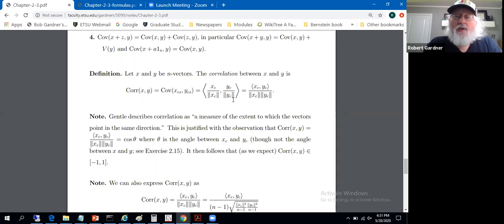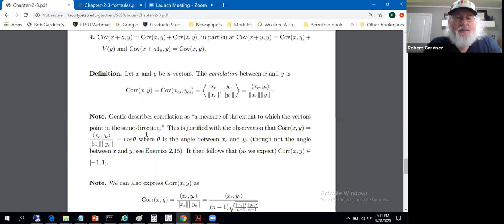So this correlation thing, it's cosine of some angle. Hey, cosines of angles, they're between -1 and 1. So indeed, as you expect, the correlation coefficient here is between -1 and 1, as correlation should be. Gentle describes correlation as a measure of the extent to which the vectors point in the same direction.